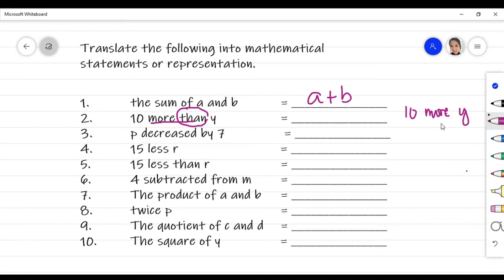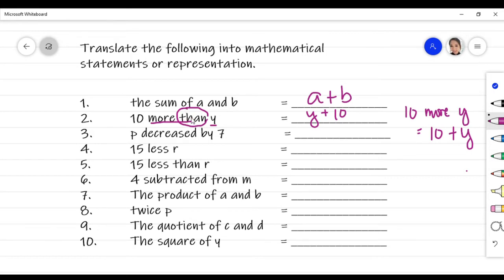So 10 more Y, that is in mathematical statement 10 plus Y. While if we have 10 more than Y, the order should be reversed. So whatever comes last should be written first. So last is Y, so that should be Y plus 10. So that is because of the word than.